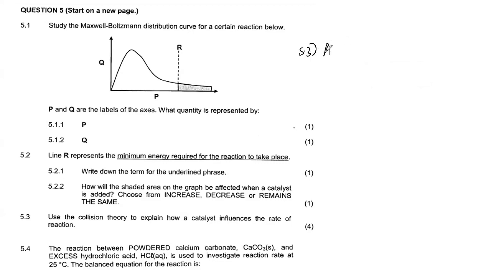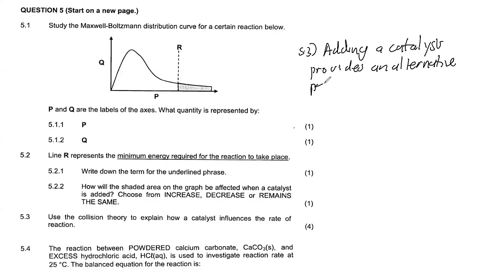We say adding a catalyst provides an alternative pathway of lower activation energy. So when we add a catalyst, we are decreasing the activation energy and therefore providing an alternative pathway for the chemical reaction.